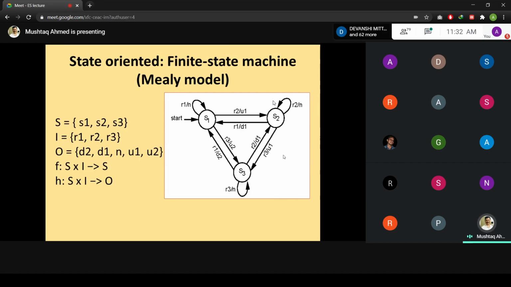Based on the state and the available input, the transition takes place from one state to another. In this diagram we have 3 states, S1, S2, and S3, the inputs are R1, R2, and R3, and the outputs are D2, D1, U1, and U2.